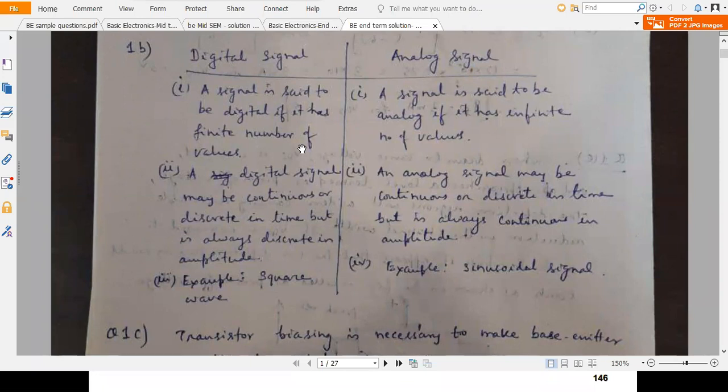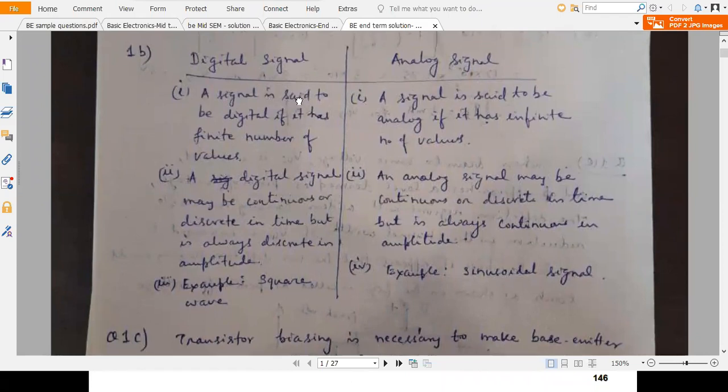So that's why we go for discretization. That is sampling we do, and then we go for the quantization. So the digital signal has some finite number of values.